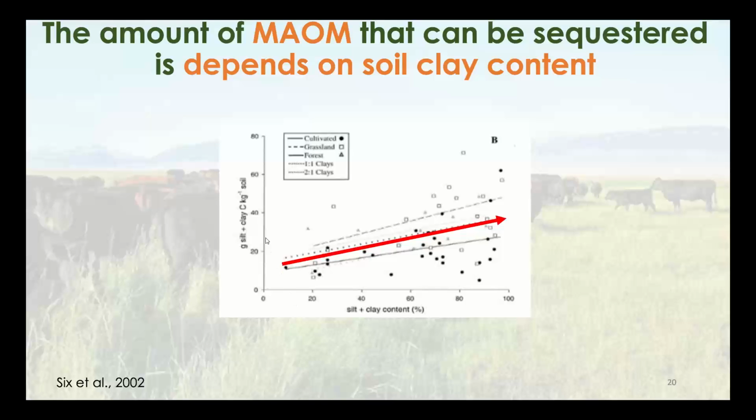And as you can see, as the percentage of silt and clay content increases, the potential to store carbon in this fraction, so this is the persistent fraction, is greater, which makes sense. There's more mineral surface area for that carbon to interact with.